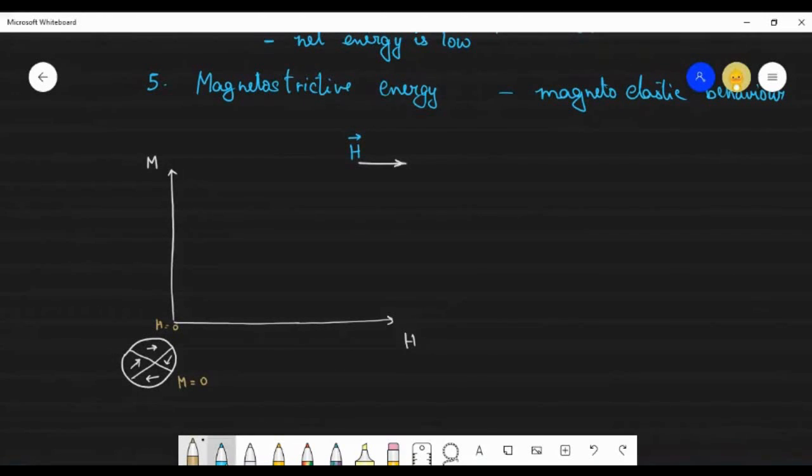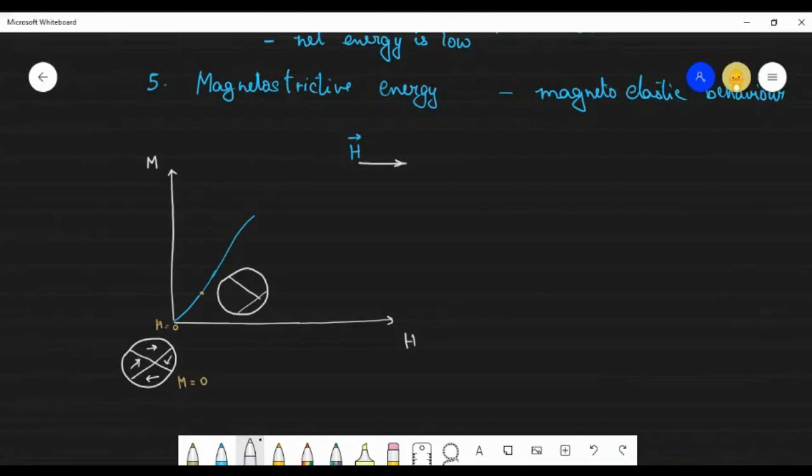But as the H field increases, the domains get oriented such that the favorable ones grow at the expense of the unfavorably oriented domains.